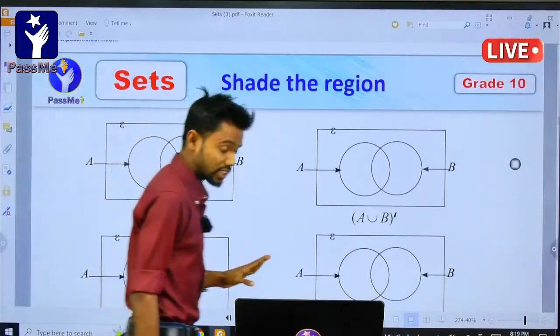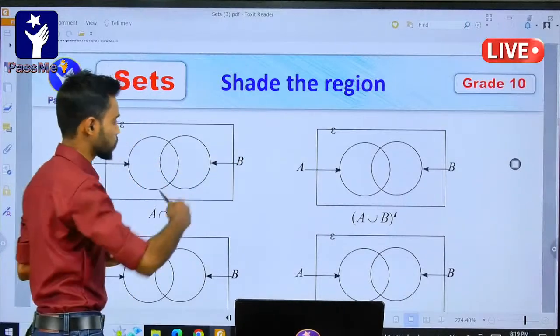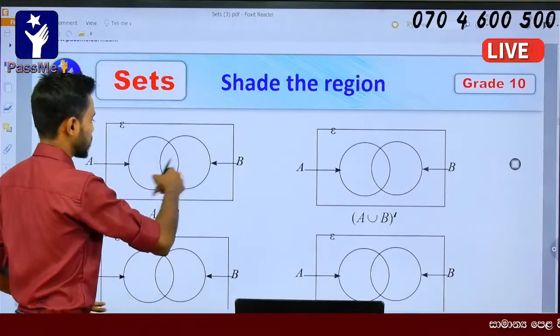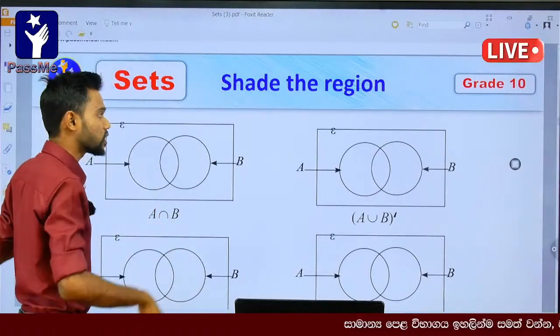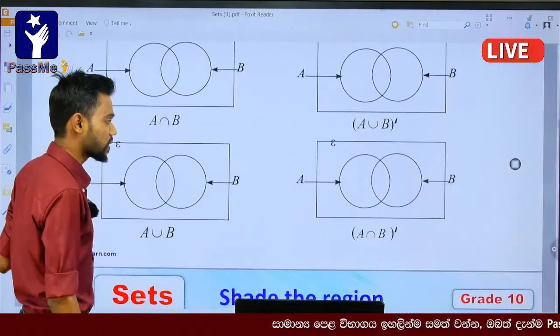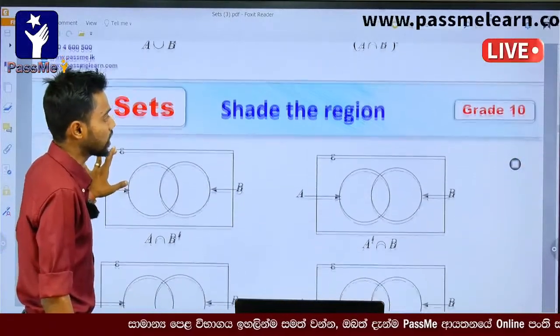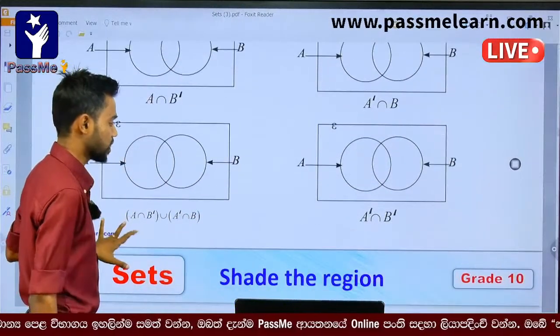We will continue this today, because in grade 10 we have two circles, that is, two sets, but when it comes to grade 11 we have three sets or subsets. So you need to know how to shade the region where there are three circles in the set.